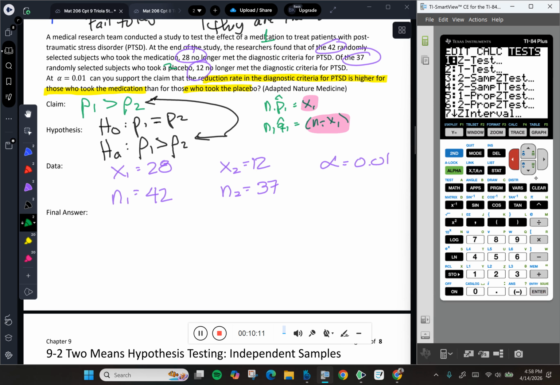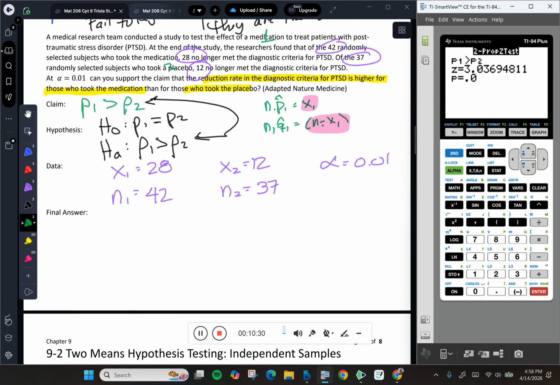Stat, tests, 2 proportion z-test: x1 28, n1 42, x2 12, n2 37, greater than for my alternate, calculate away. If I needed the test statistic, it's there, 3.04.